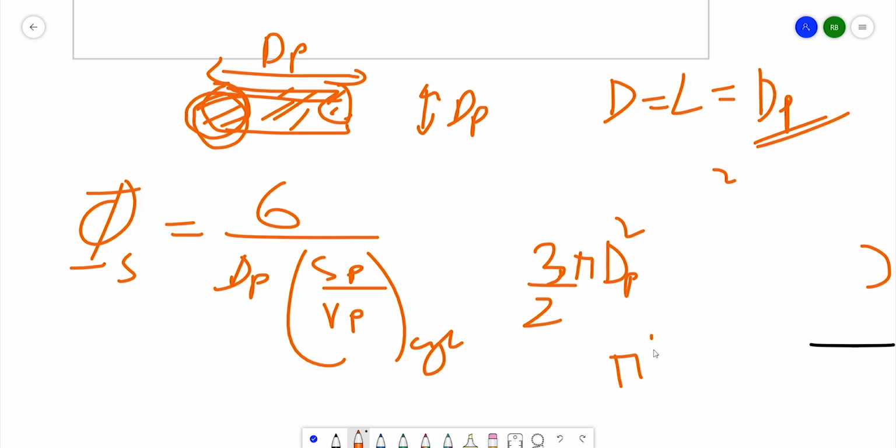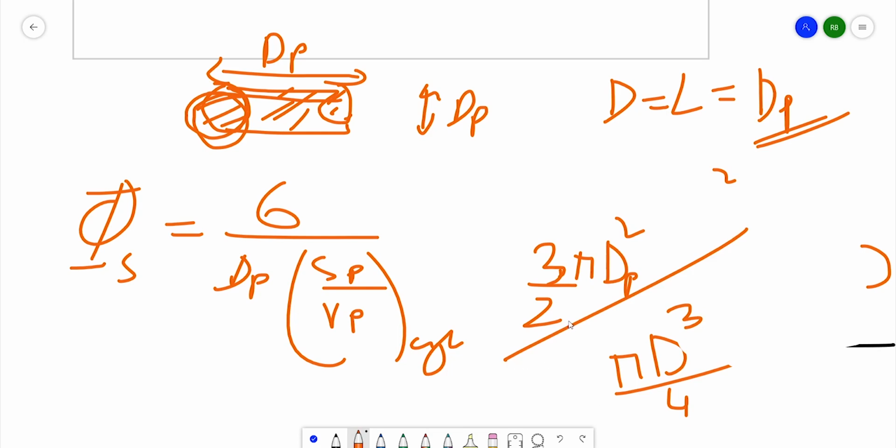It is the cross section area into the length, which gives pi d cube by 4. Now just divide these two.